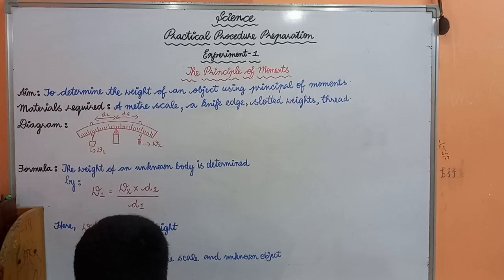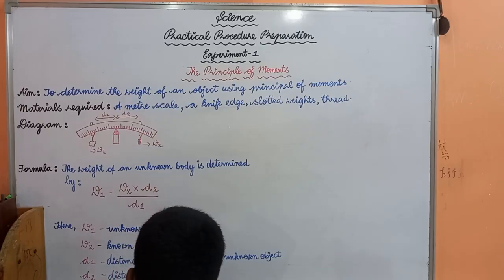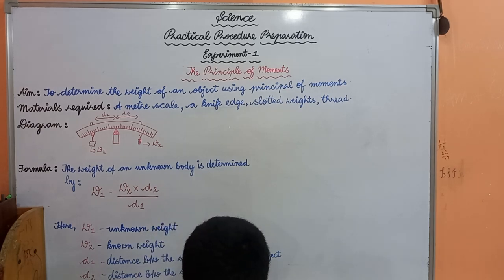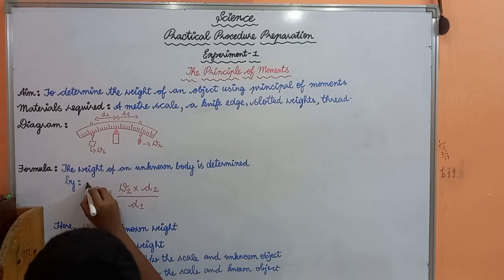D2 is the distance between the scale and the known object. So this is it, the principle of moments.